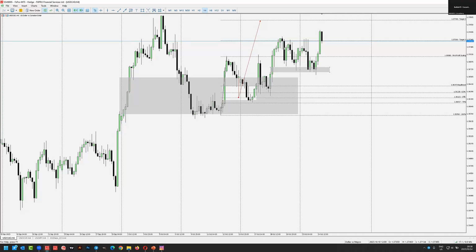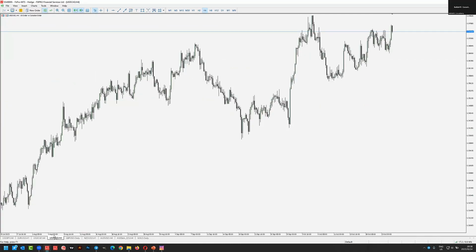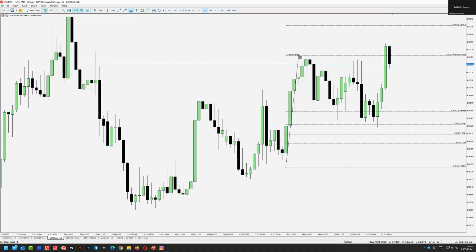If you look at last week's expansion on USD CAD, let's go to USD CAD. So the expansion from last week is right here. That's the low to the highest point that was created.